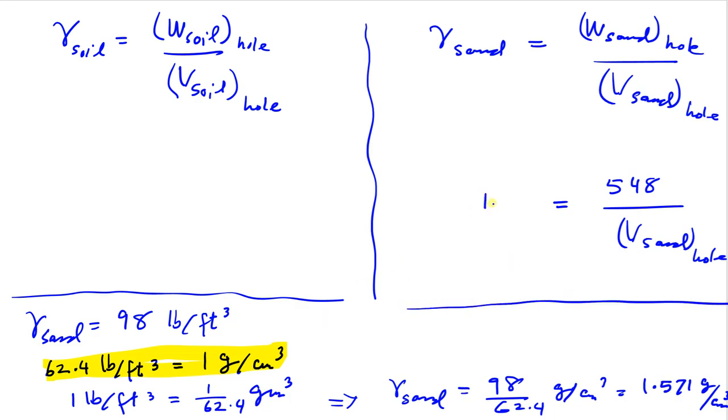The volume of sand in the hole is equal to 548 divided by 1.571, which will give you 348.8 centimeter cube.